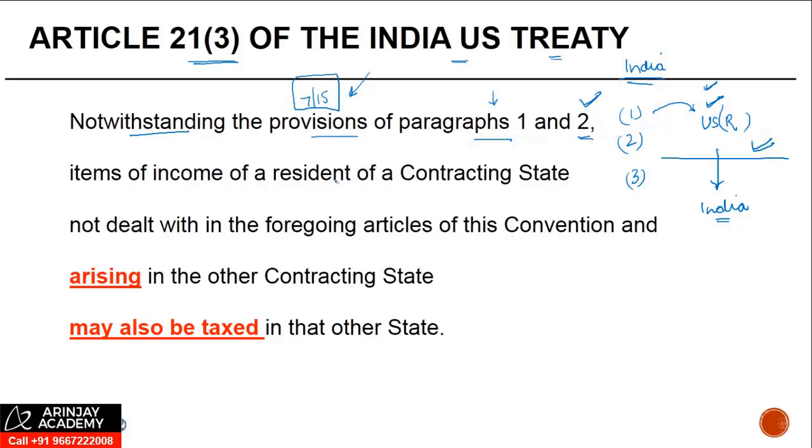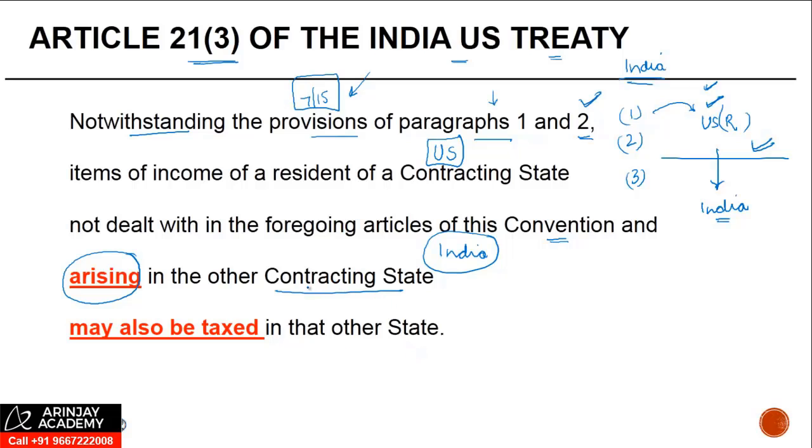Items of income of a resident of a contracting state, let's say US, if we have to read it that way, not dealt with in the foregoing articles of this convention, all the articles that we discussed earlier, and arising in the other contracting state, which is India, may also be taxed in the other state.